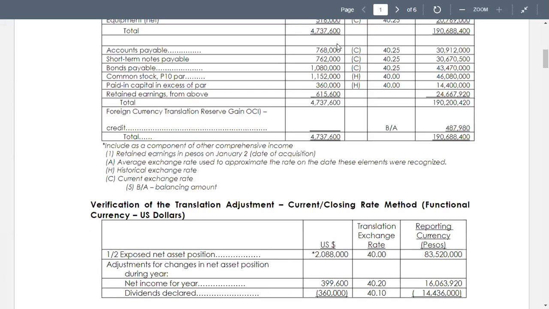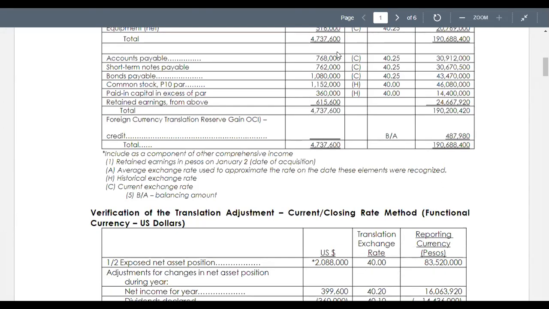0.26H. Okay? Then our advertising expense is an expense. At what rate? This advertising expense does not relate to any of the assets, unlike depreciation or accumulated depreciation, which relate to the building.